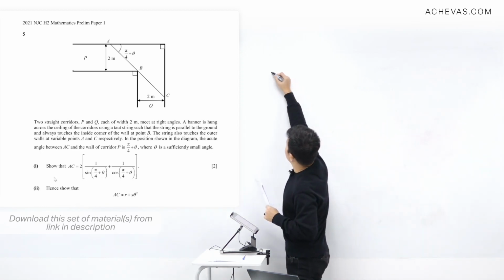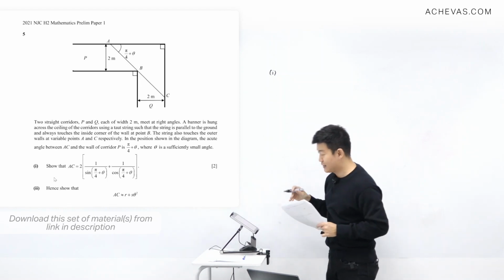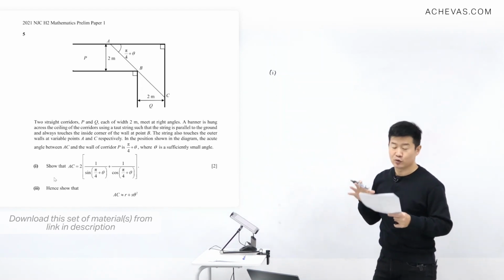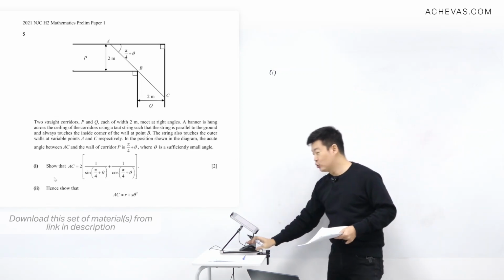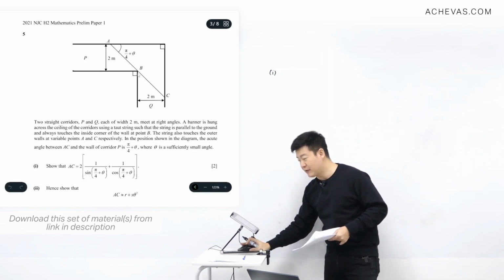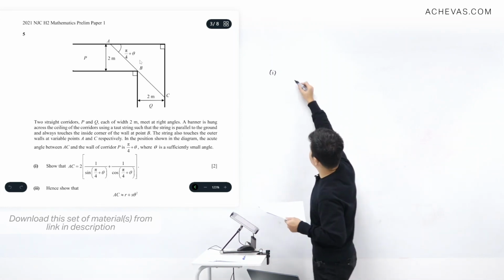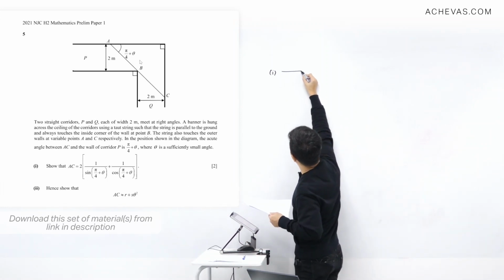So in order for me to prove that AC is equal to this, I'm going to break up AC into 2 parts, AB, then after that BC. And if you were to look at AB, and if I were to just draw a vertical line up, I will be getting a right-angled triangle over here. Okay, let me just do a quick sketch of this right-angled triangle. It is going to be this.